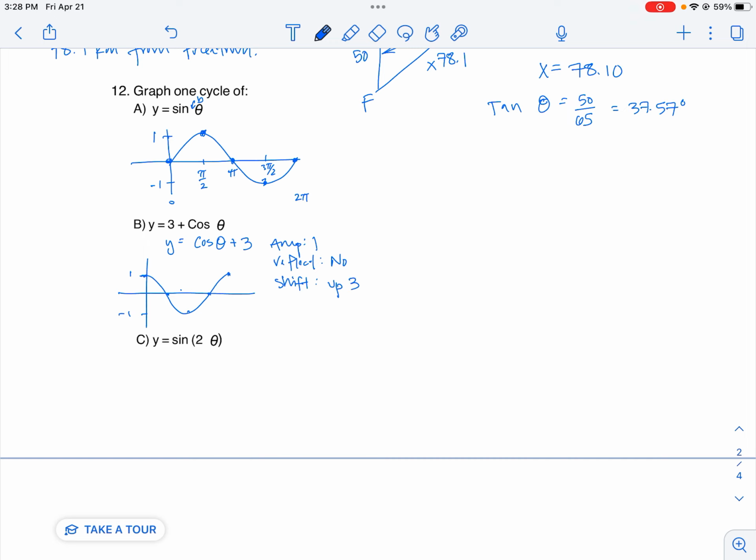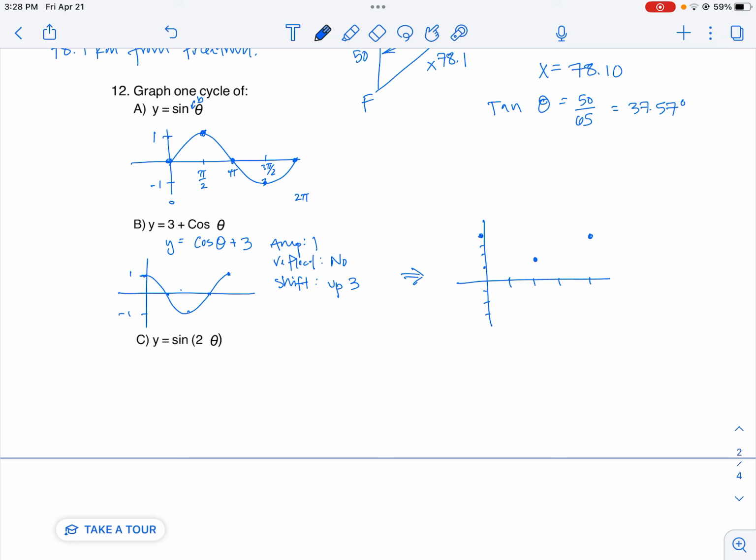So I'm going to take the cosine function and move it up 3 units. Normally it starts at 1, so it's going to start at 4. Normally it goes down to negative 1, but I'm going to move it up 3 units. So negative 1, 1, 2, 3 units. It's going to end back up at 4, and at pi it's going to be at 2 because it's moved from negative 1 up 3 units to positive 2.